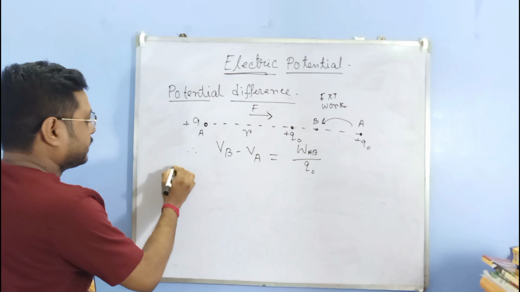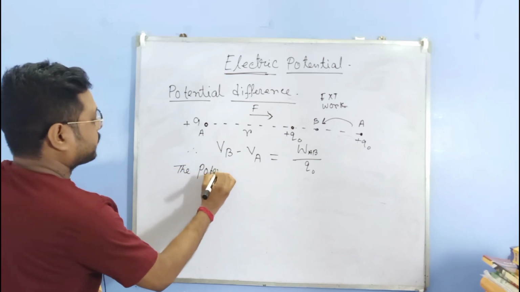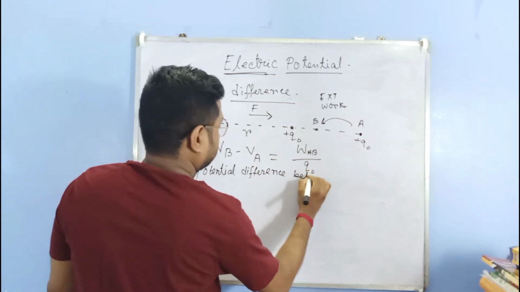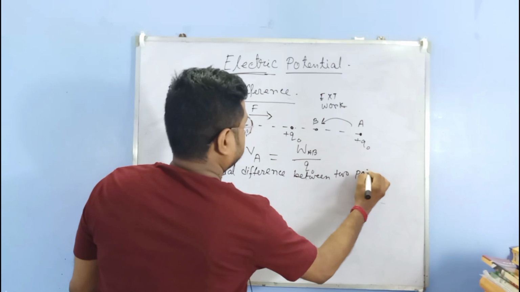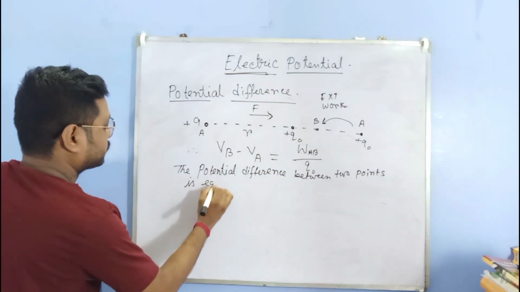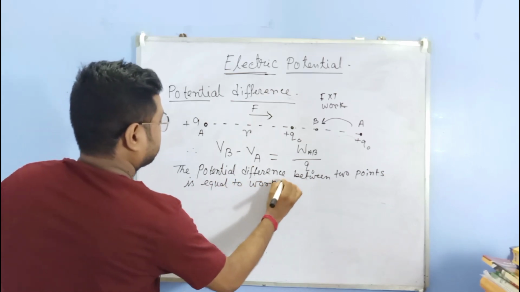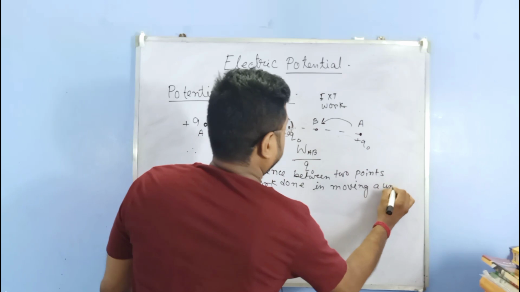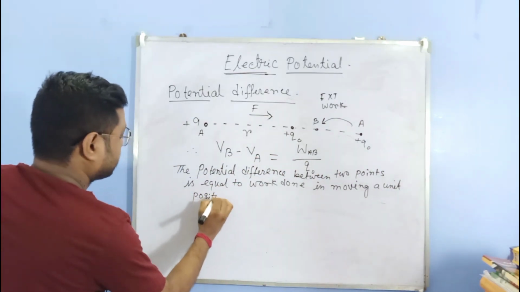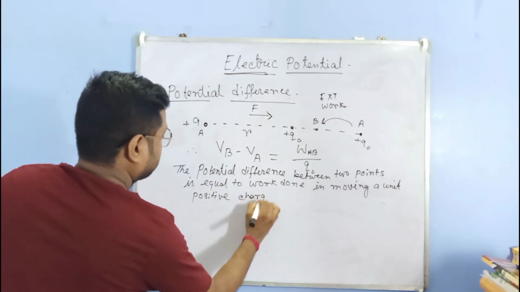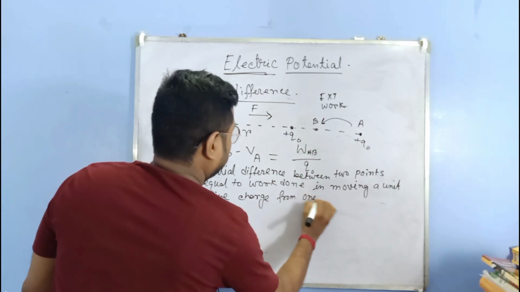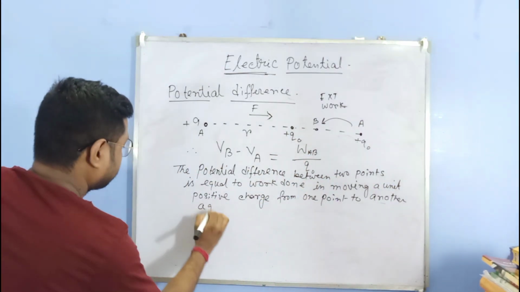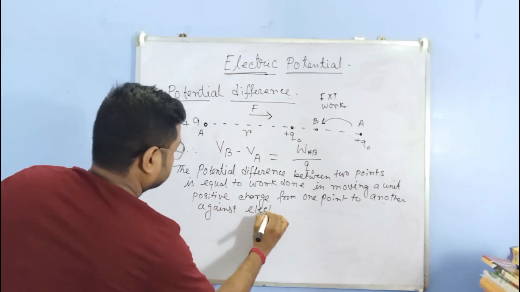We may define it as: the potential difference between two points is equal to the work done in moving a unit positive test charge, always the test charge will be a unit positive charge, from one point to another against the electrostatic force.